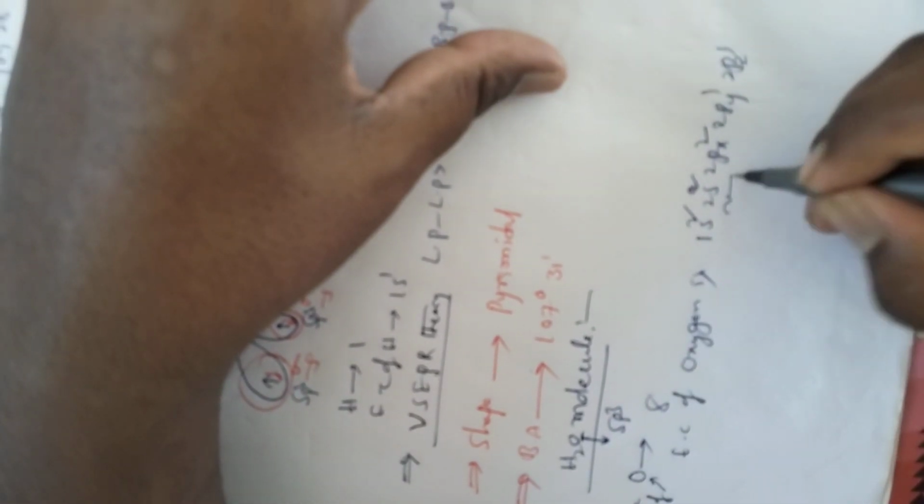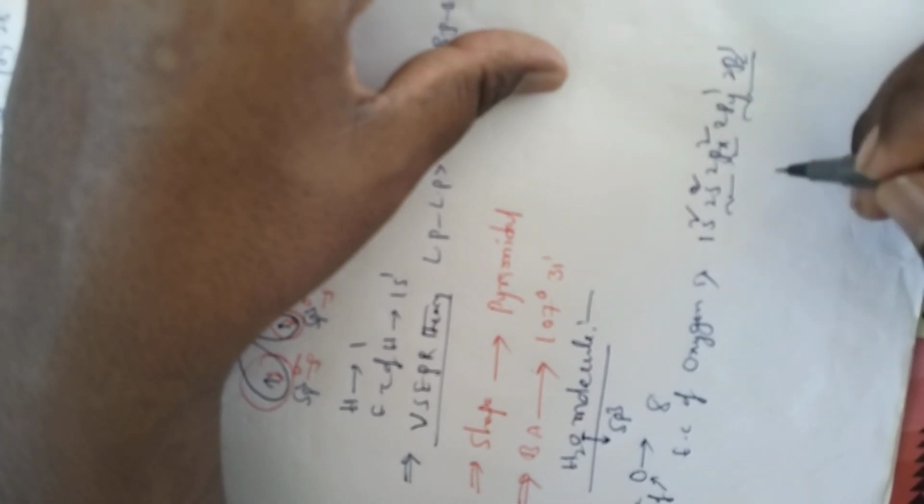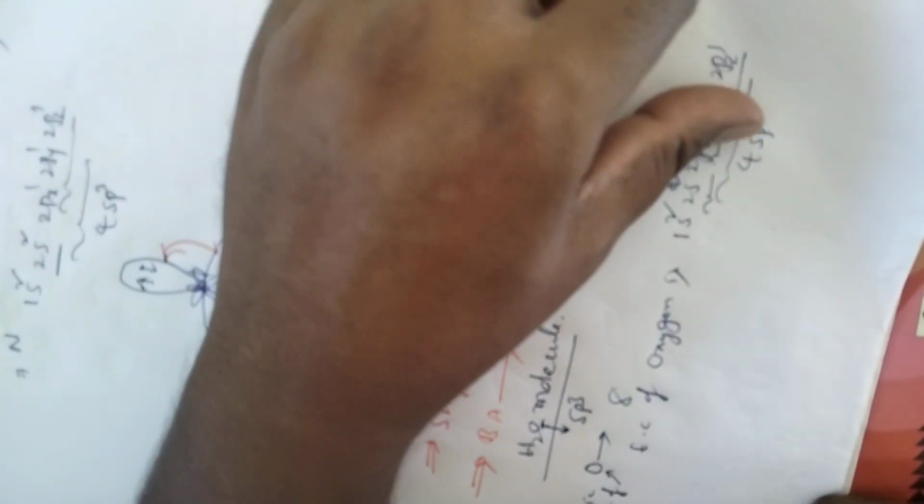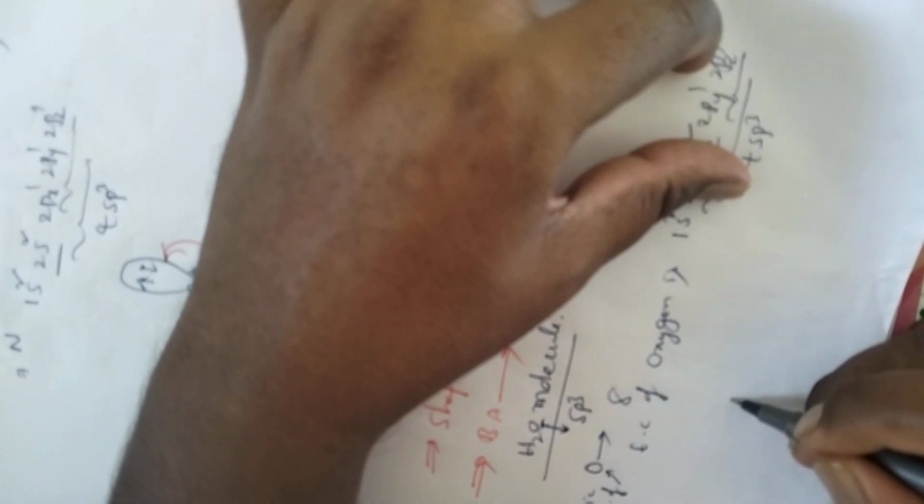Here, one 2s orbital and three 2p orbitals combine to form 4 identical sp3 hybrid orbitals.